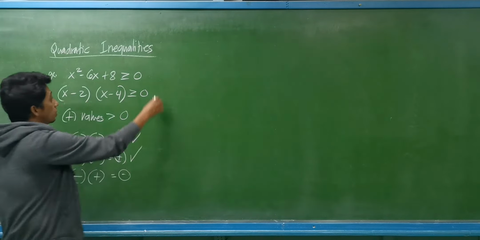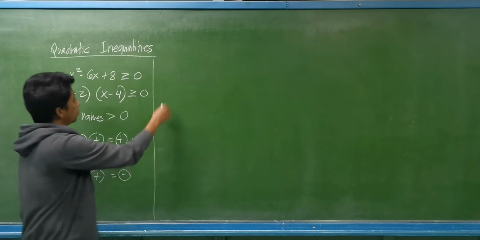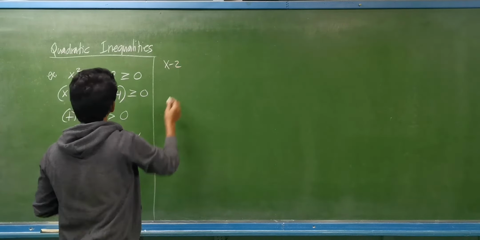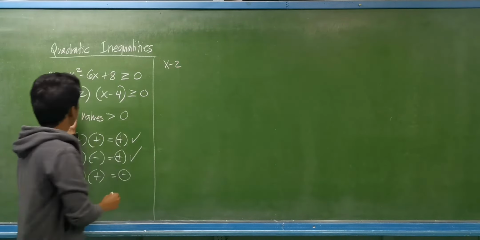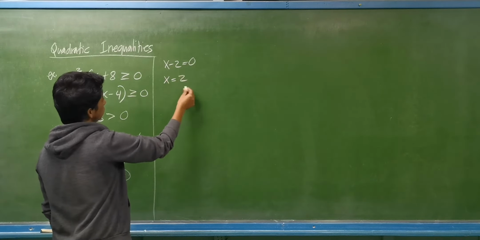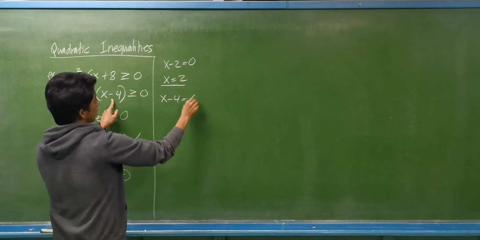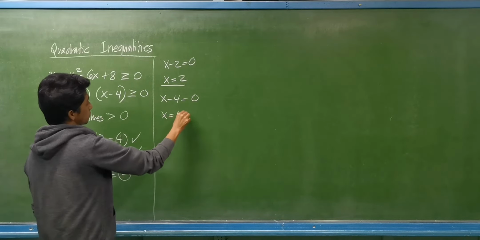Now, what will be our reference values? From x minus 2, we get the equivalent of x as our reference value. x minus 2 is equal to 0, so x is equal to 2. One reference point. x minus 4 is equal to 0, so x is equal to positive 4.